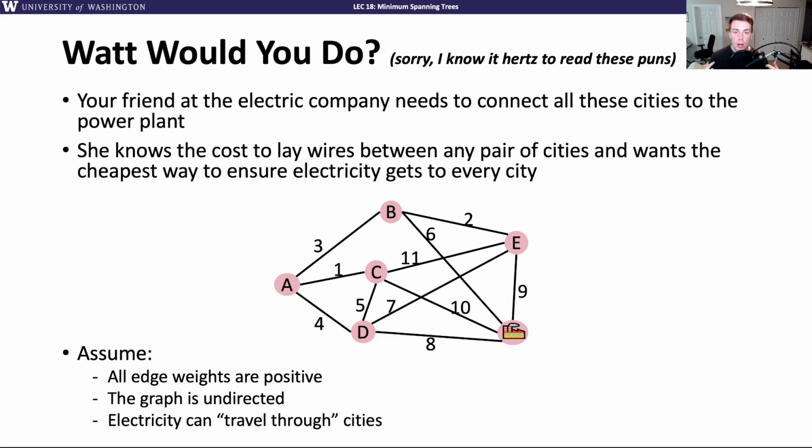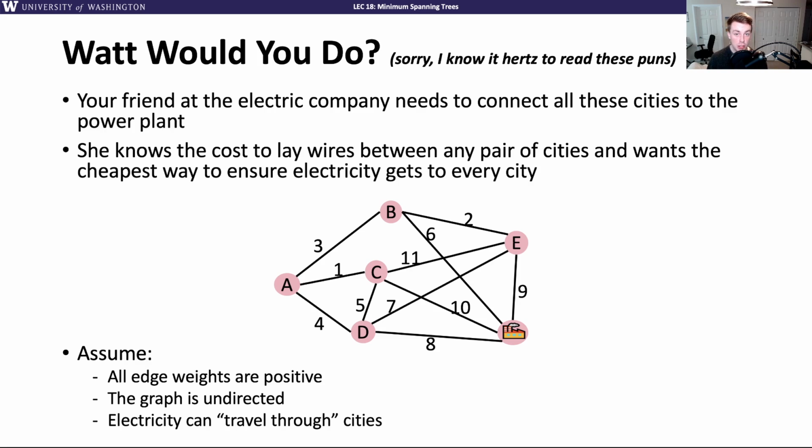Now, your friend's goal is to make sure that every city receives power, but that the wires they lay down cost as little as possible. So they want to save money by laying as few wires, or in some sense, laying the cheapest set of wires possible. We're going to make some assumptions here about how this is going to work.